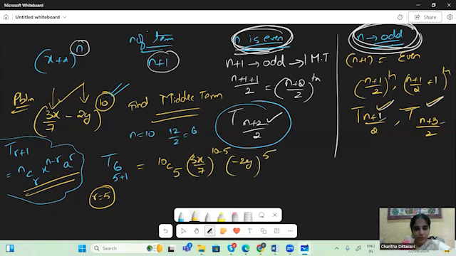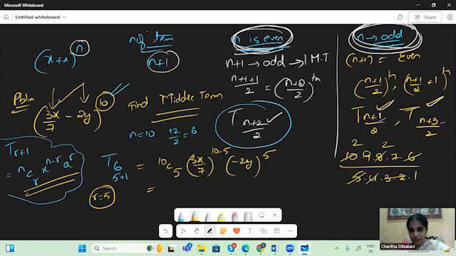Is that clear? So what is 10C5? How do you write 10C5? 10, you just decrease it 5 times: 10, 9, 8, 7, 6 by 5 factorial: 5, 4, 3, 2, 1. 3 times 2 is 6, the 6 got cancelled. Right? 4 ones, 4 twos got cancelled. 5 ones, 5 twos got cancelled. So whatever is left behind, that will be your answer.